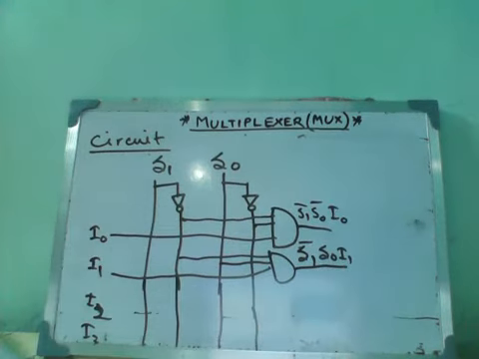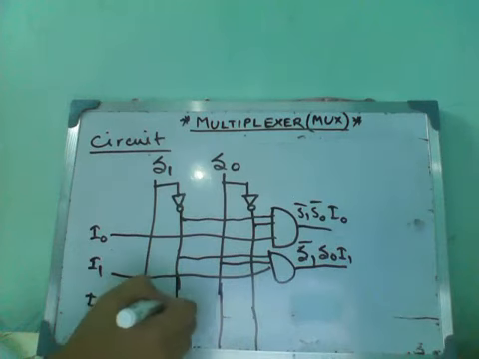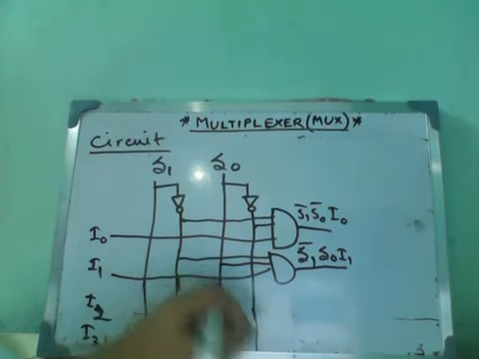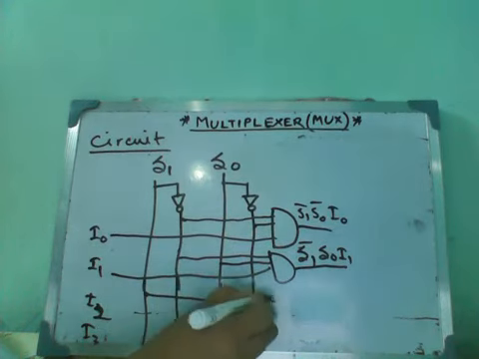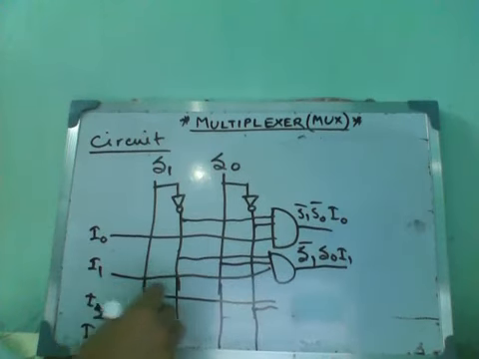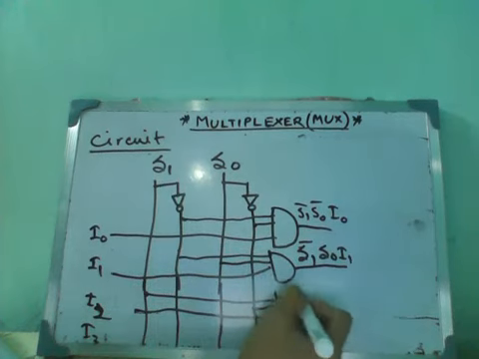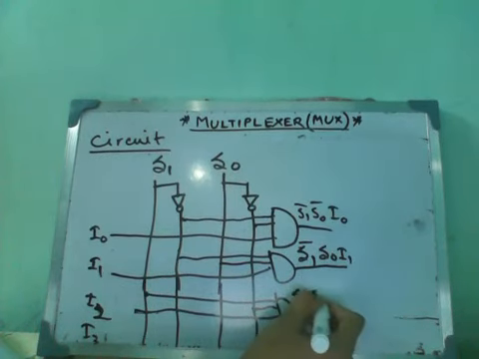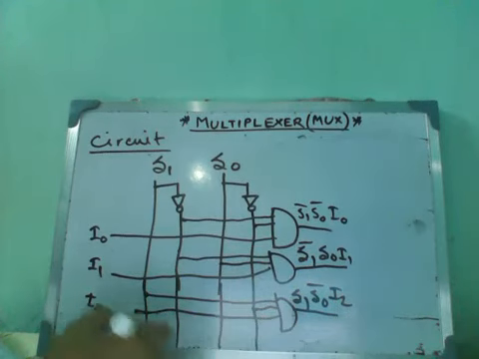Third, it selects the data I2 when S1 is 1 and S0 bar. We get I2.